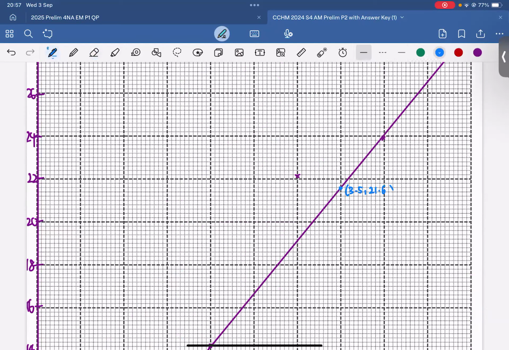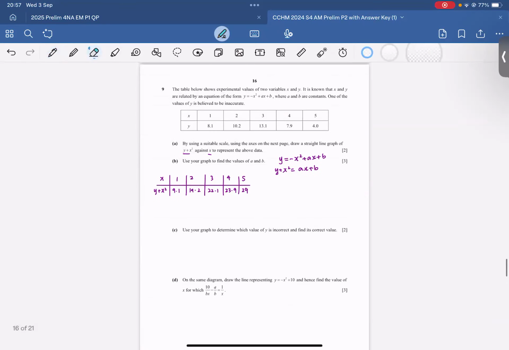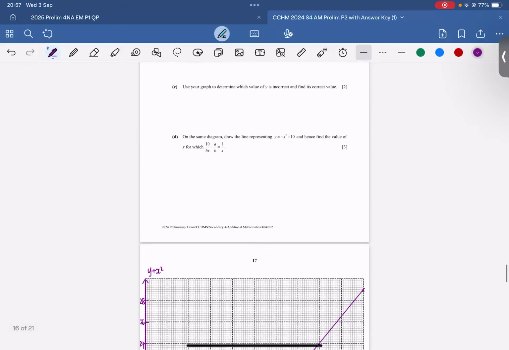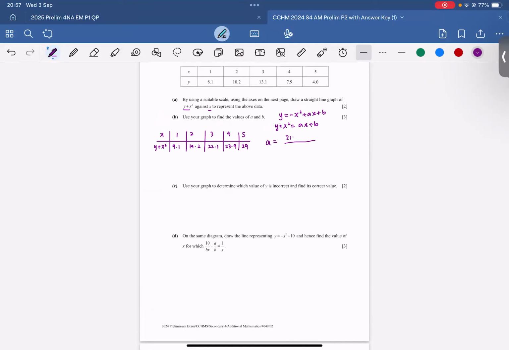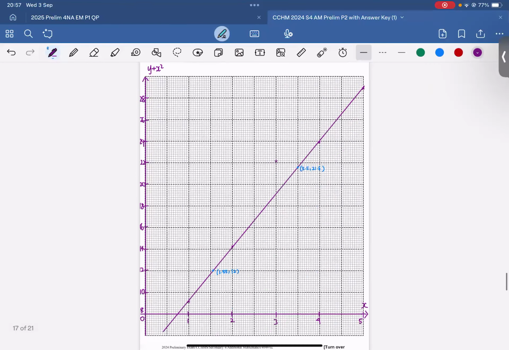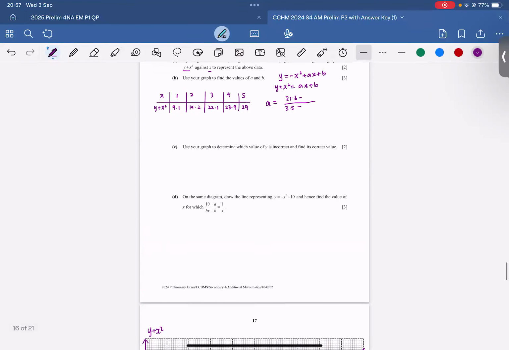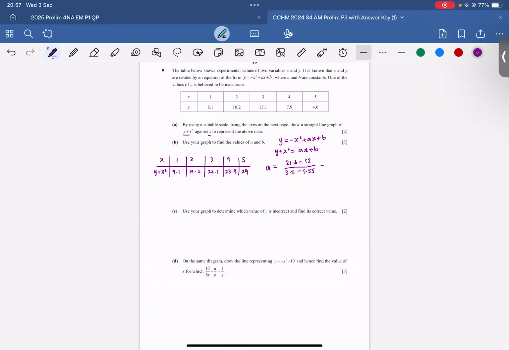Okay, so I use these 2 points to calculate my gradient. So A equals 21.6 minus 12 divided by 3.5 minus 1.55. You get 4.92. Okay, to find the B, what do we do? We just sub in the points.